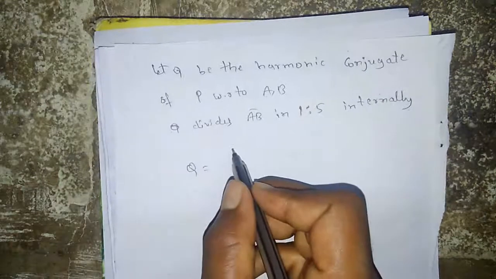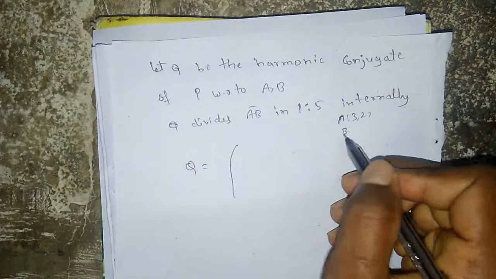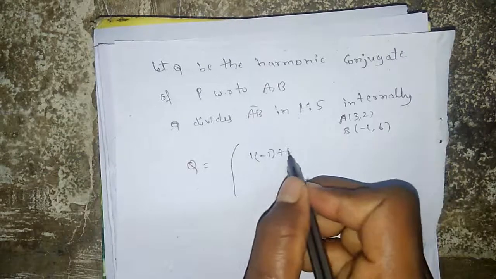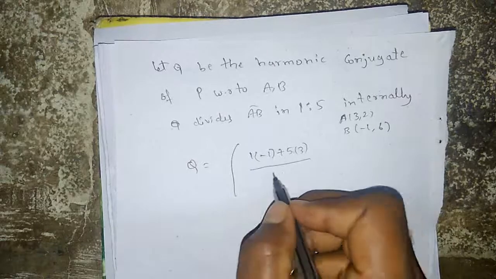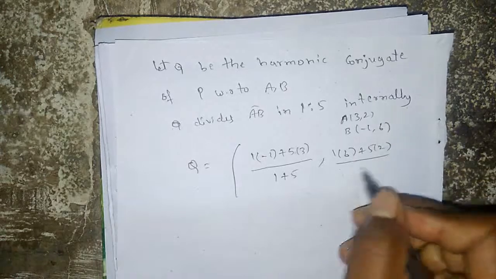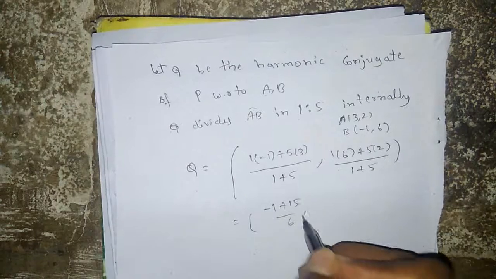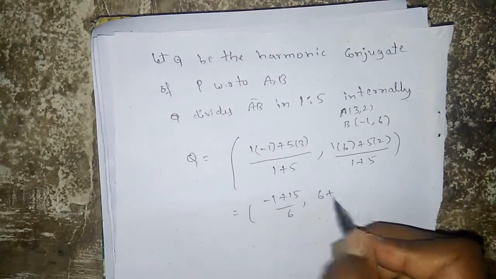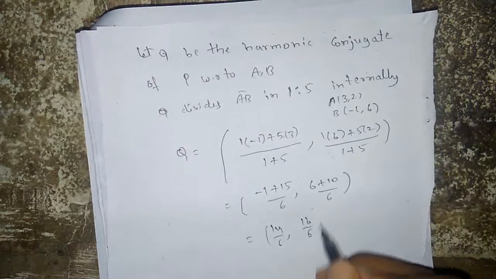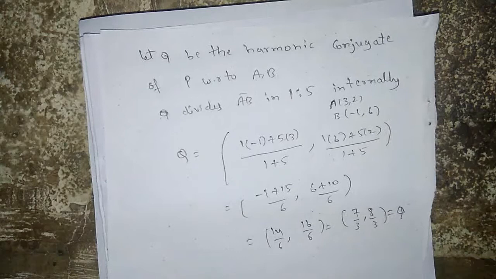Therefore coordinates of Q are, A is 3 comma 2, B is minus 1 comma 6. Apply the section formula: 1 into minus 1 plus 5 into 3 by 1 plus 5, 1 into 6 plus 5 into 2 by 1 plus 5. It is minus 1 plus 15 by 6 comma 6 plus 10 by 6, that is 14 by 6 comma 16 by 6, that is equal to 7 by 3 comma 8 by 3, which is the harmonic conjugate of P.